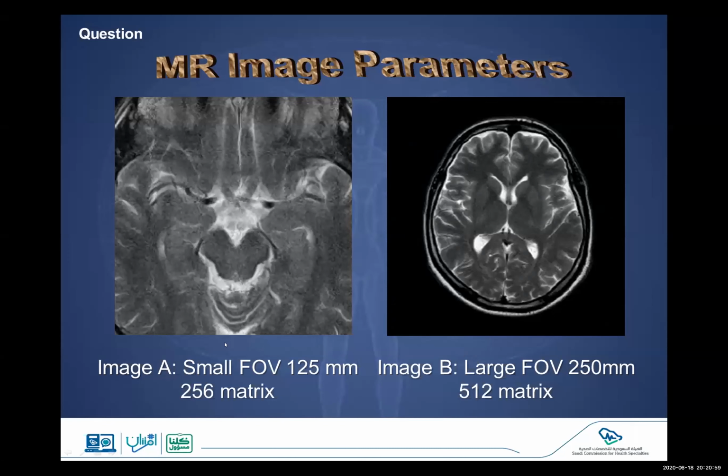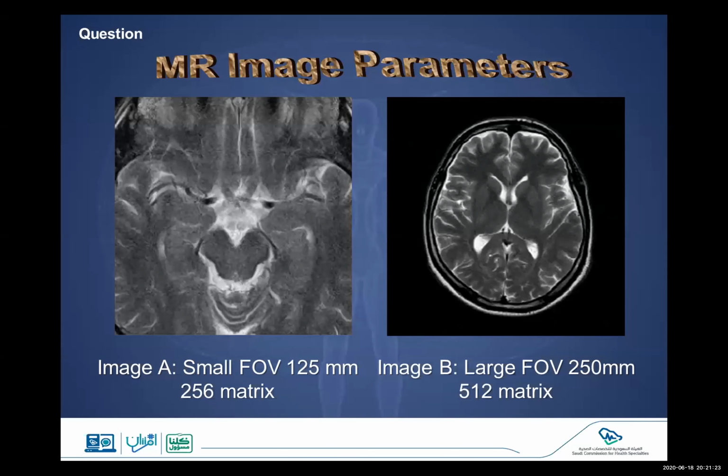If you divide, as we said, it's the pixel size that is controlling the resolution. If you divide the field of view, which is 125 by 256, it's like 0.5. And if you divide the field of view there, 250 divided by 512, it will again be 0.5. But there is something missing. Don't forget that we said thickness is very important. We don't know about the thickness.